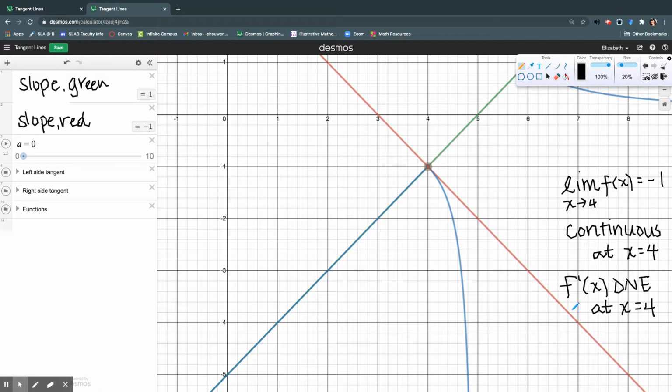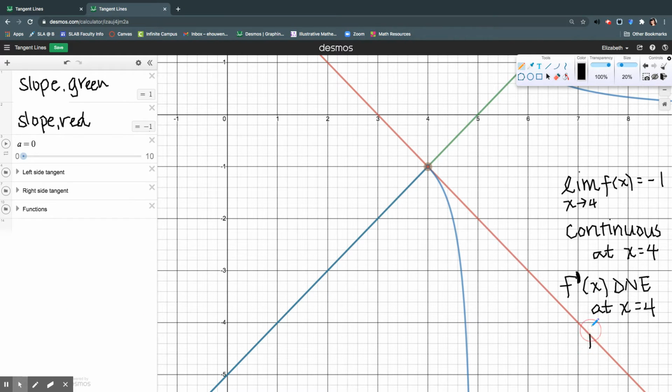They are two separate limit ideas that are causing the derivative to not exist at this point, because this limit is totally fine. What's not fine is the two sides. The two tangent sides are not coming to the same tangent line. So since those don't agree, that's why the function cannot be differentiated at x equals 4.